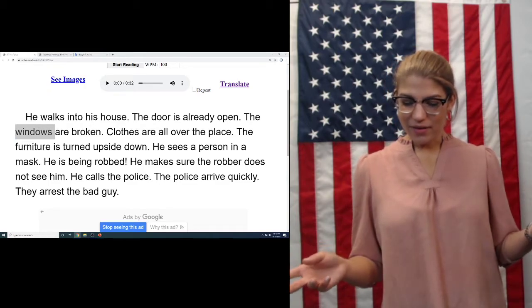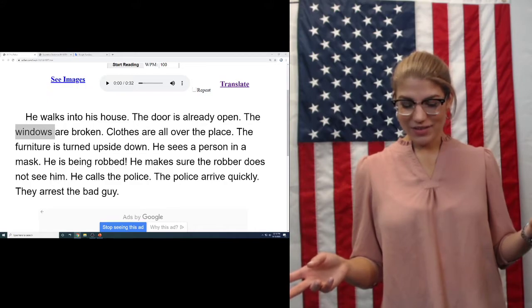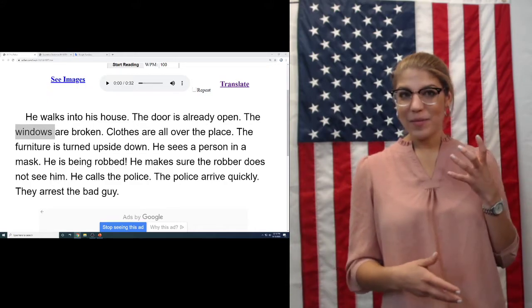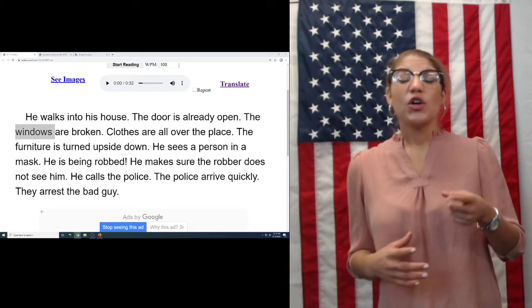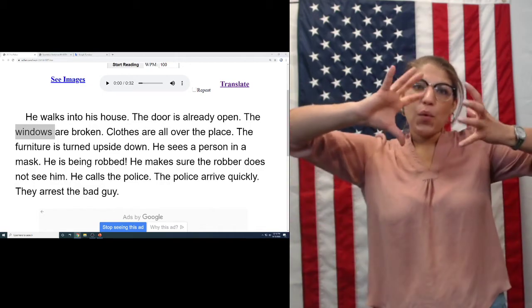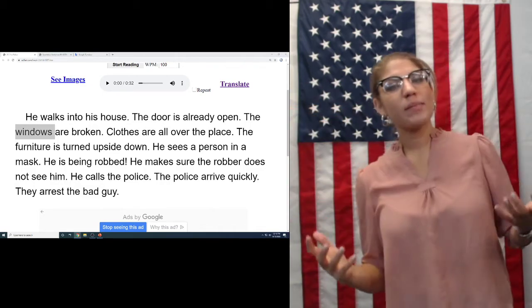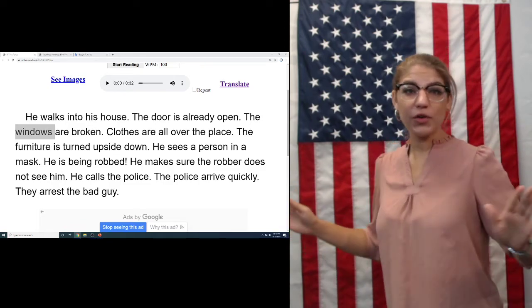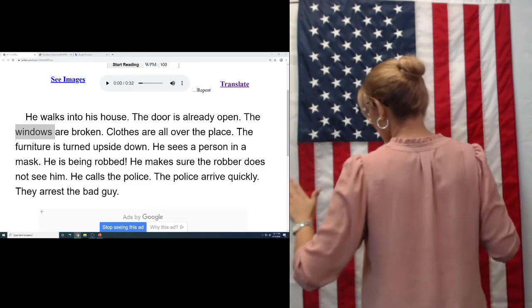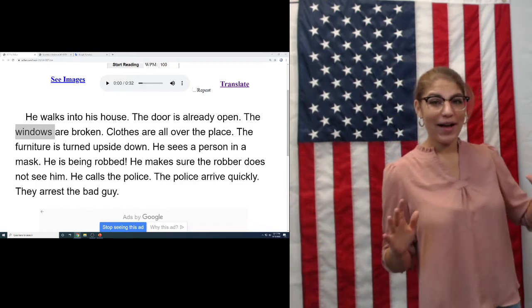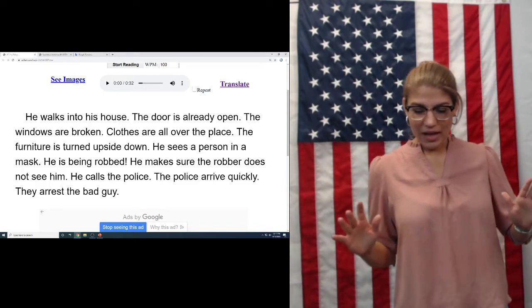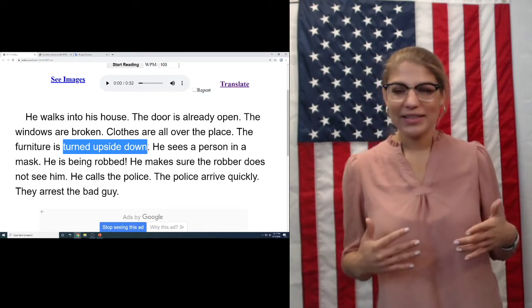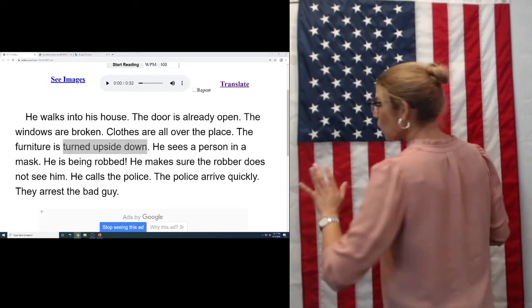Let's talk about upside down. To turn something upside down. Turn means you turn or reposition. For example, I'm going to turn around. I turned around. I don't know why I did that so slow, but I turned.